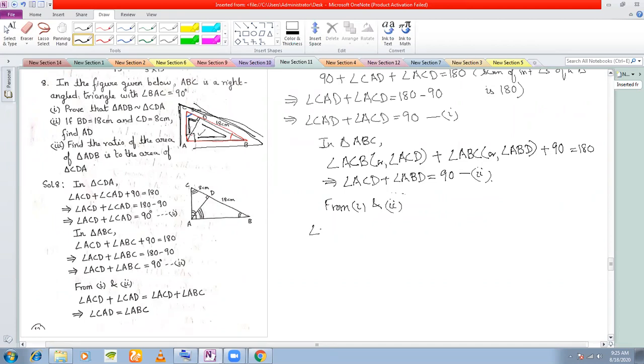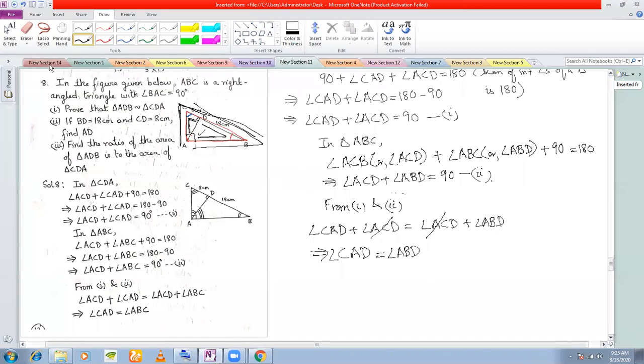So therefore I can write angle CAD plus angle ACD is equal to angle ACD plus angle ABD. So what happens? ACD cancels. So you get angle CAD is equal to angle ABD.